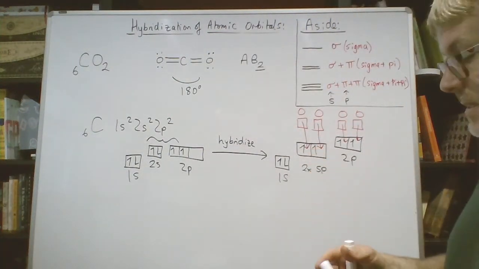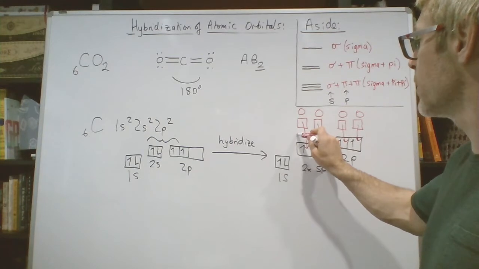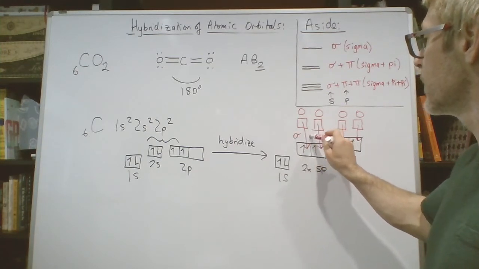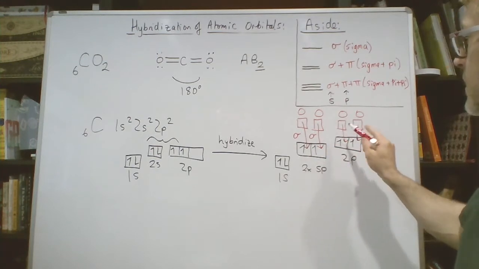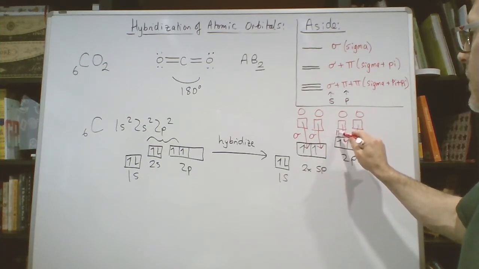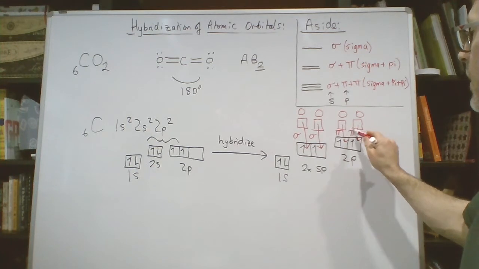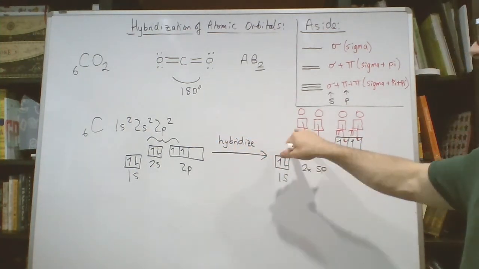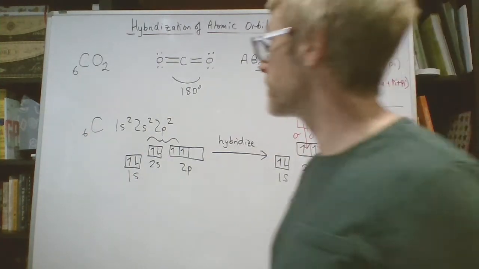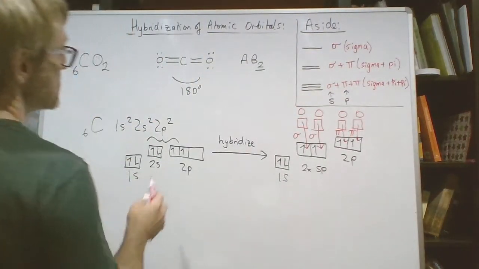The hybridized flavor, these are going to be your sigma bonds. The unhybridized flavor, these are going to be your pi bonds. So overall, the carbon has 2 sigmas and 2 pi's, which is as it should be.